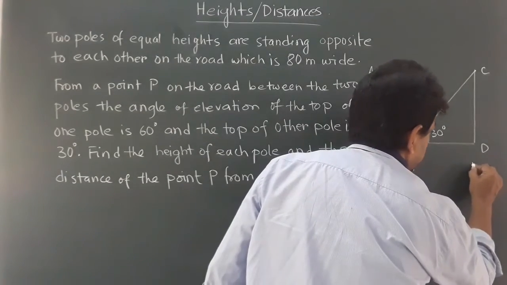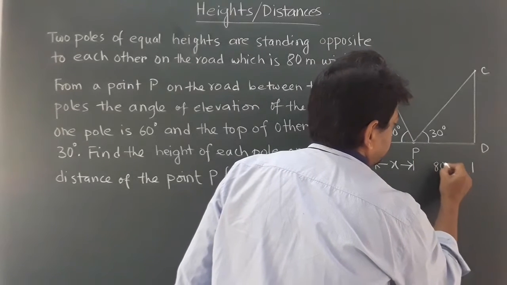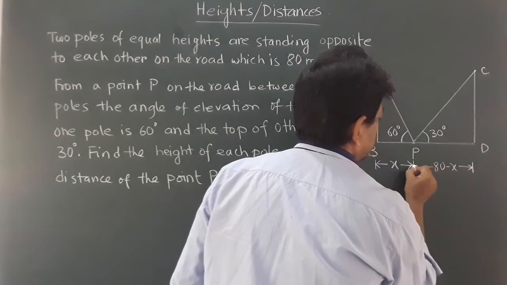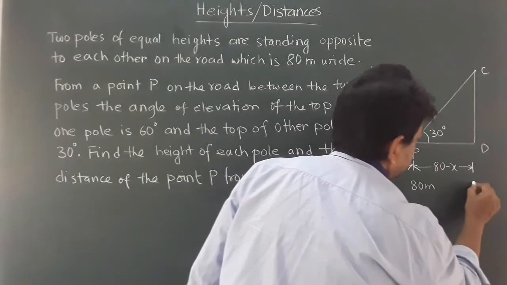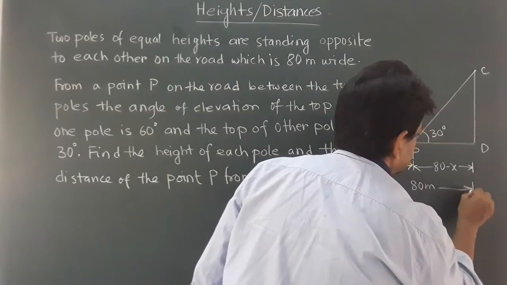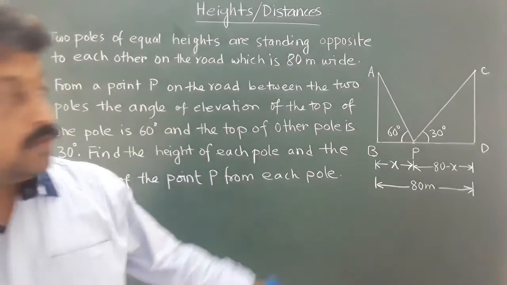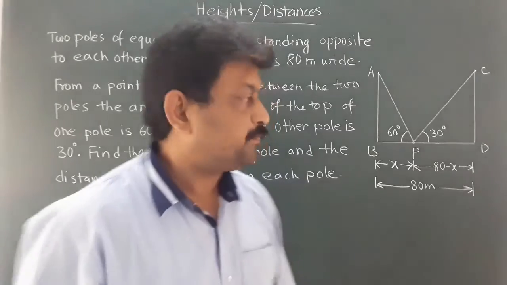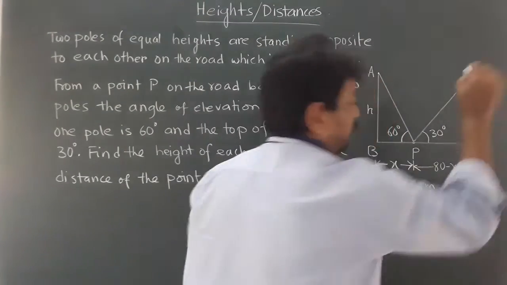Then the distance of the point P from the second pole will be 80 minus x, as the total distance is 80 meter. So this distance I have taken x and the other is 80 minus x. Now let me take the height of both the poles as h.